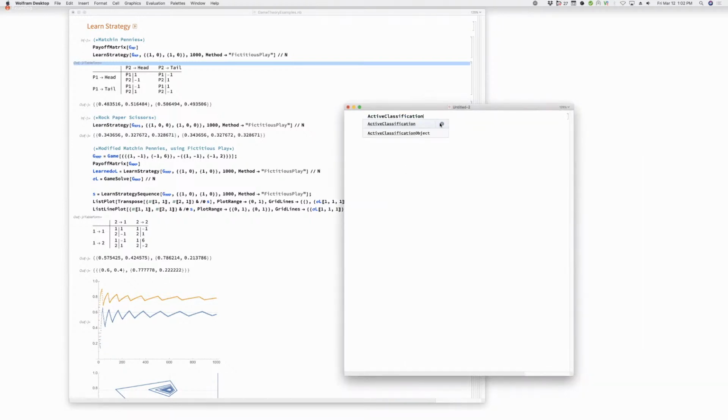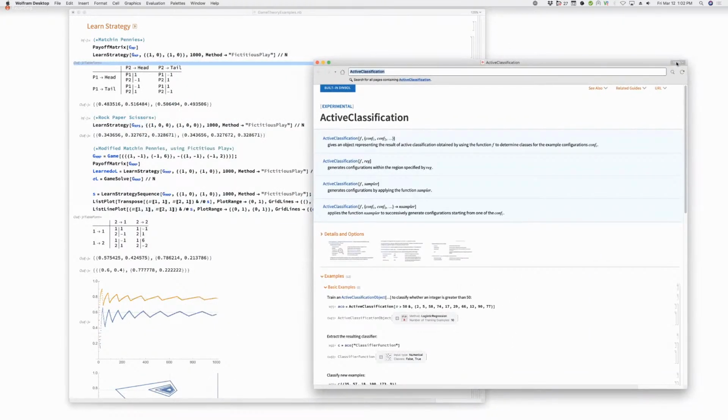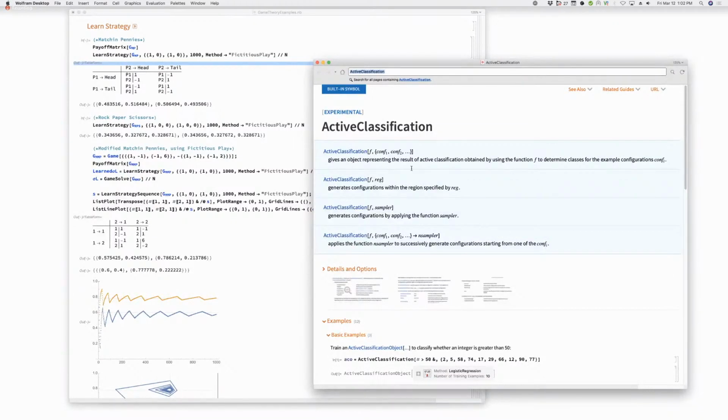No. Although my point is, with a function like active classification, you could imagine plugging in one of these machine learning functions for your strategy learner. You see what I'm saying? So what this is doing is, it's got configurations, it's got sampling functions, it's got payoff functions, et cetera.